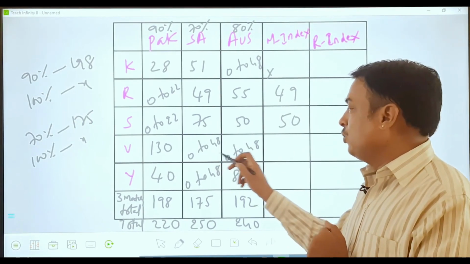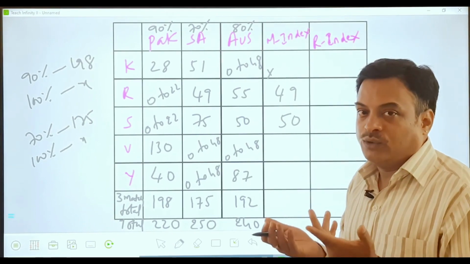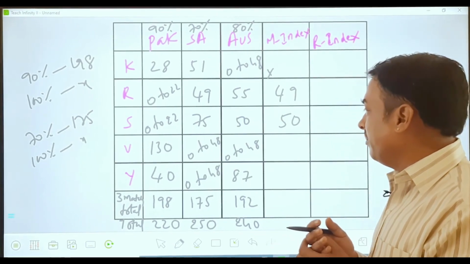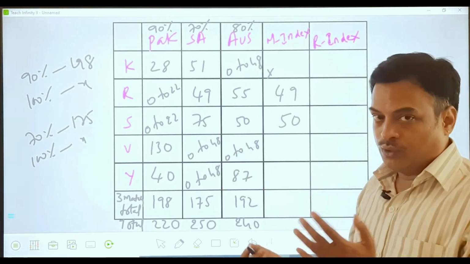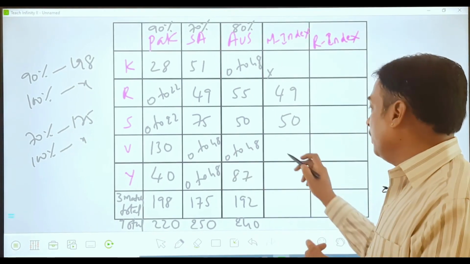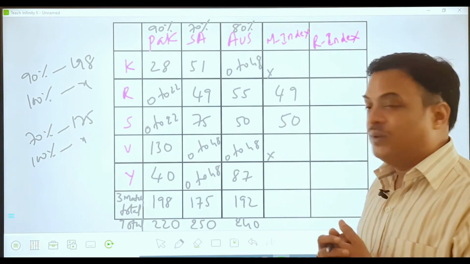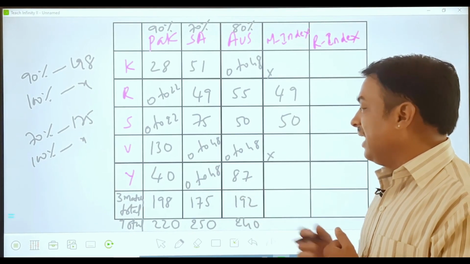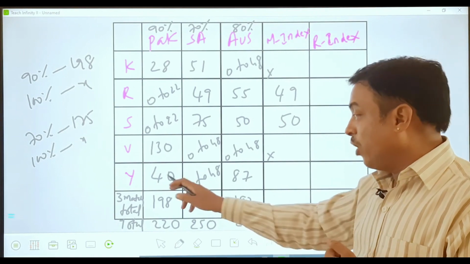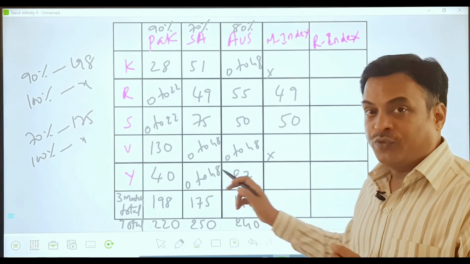Next, 0 to 48, 0 to 48. I don't know exactly what will be the number over here, isn't it? Exactly which will be the middle of these two, don't know. What is the value of the middle one? We don't know. So here M index value we cannot say in this case. Next 40, 0 to 48, 87. You can see 40 again falls between 0 to 48.